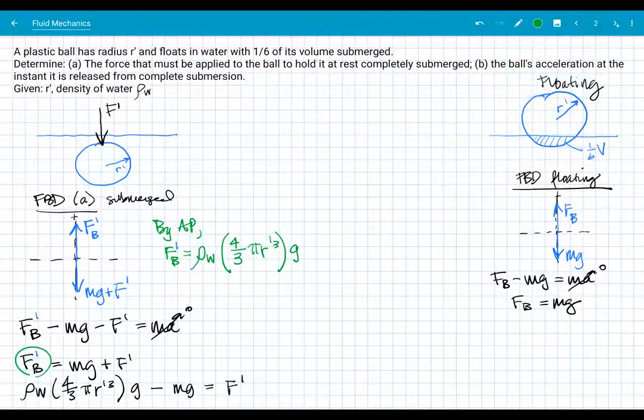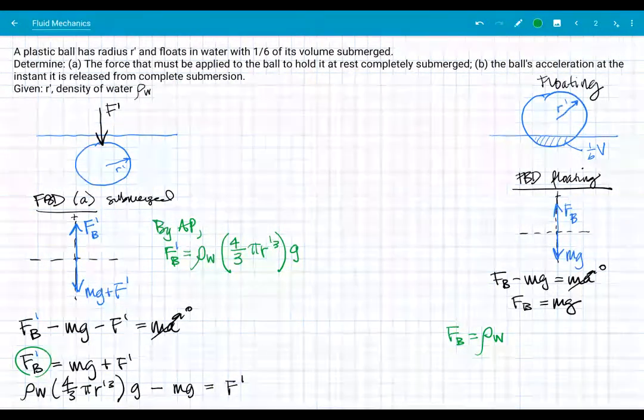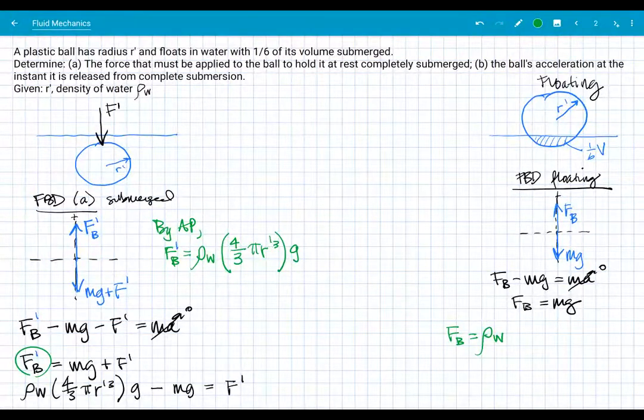So by Archimedes' principle, and I'll do this in green here, my buoyant force is equal to density of water, volume of the displaced fluid, because remember, I'm trying to express the weight of the displaced fluid. So in this case, the volume of the displaced fluid is 1/6 the full volume of the ball, isn't it?